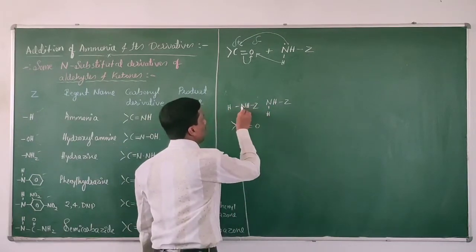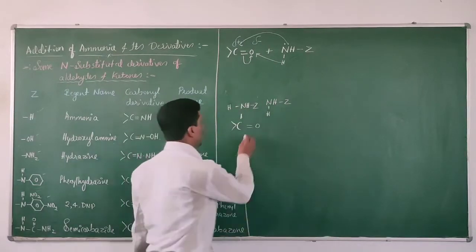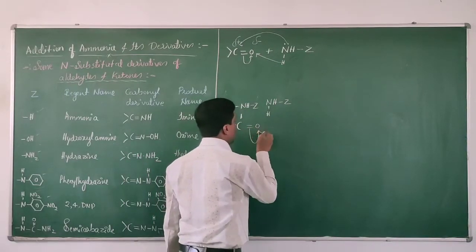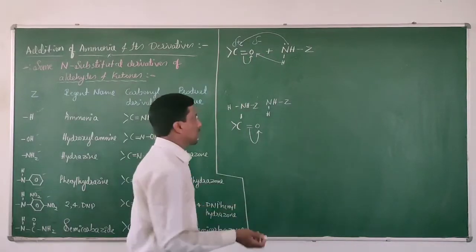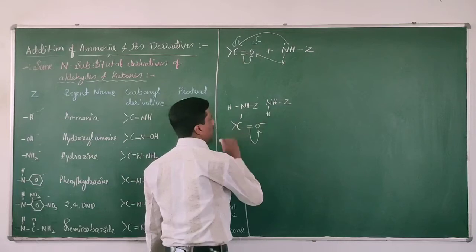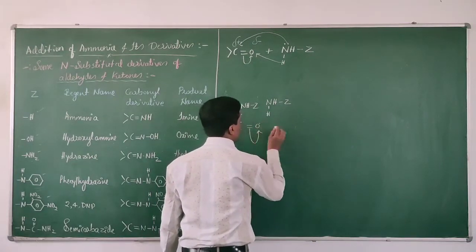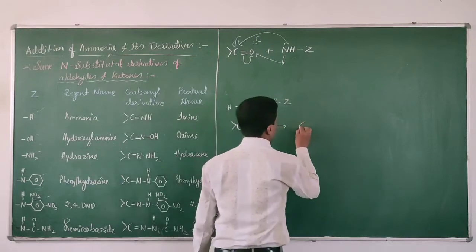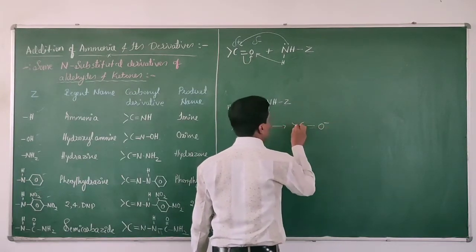The number of bonds on the nitrogen has become 4 now. Nitrogen cannot form 4 bonds, therefore this is carrying a negative charge now.